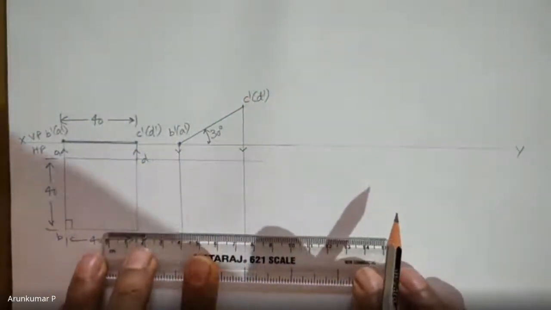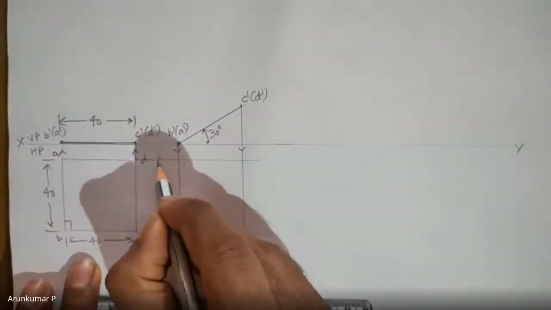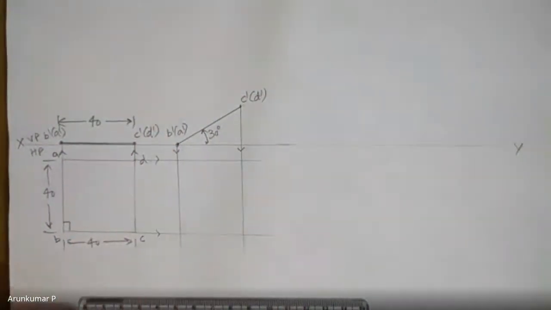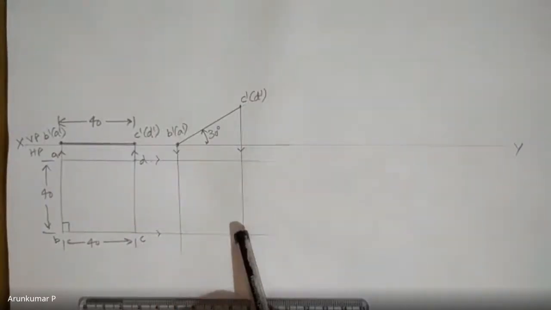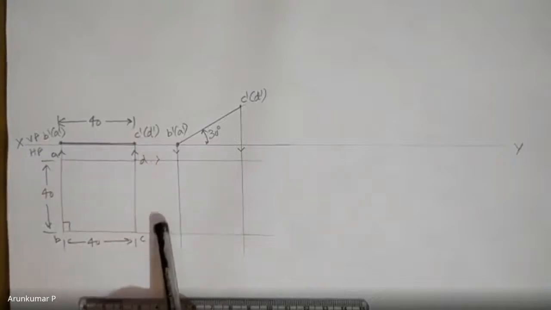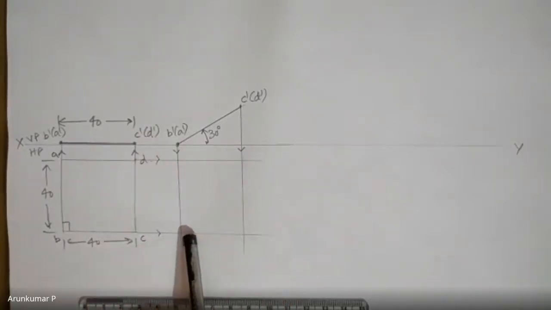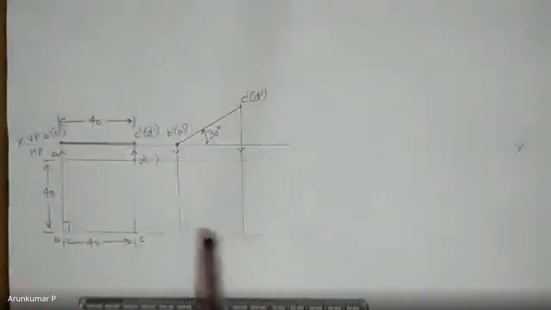B and C, another projection. So what you get is two vertical projectors from the front view and two horizontal projectors from the top view. They will intersect and give you the second step top view.